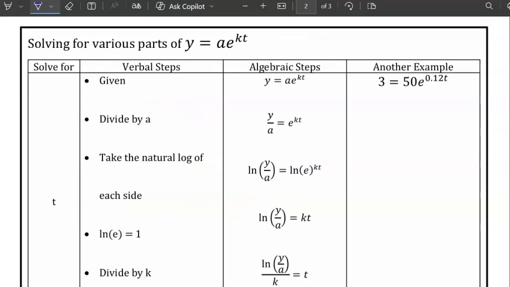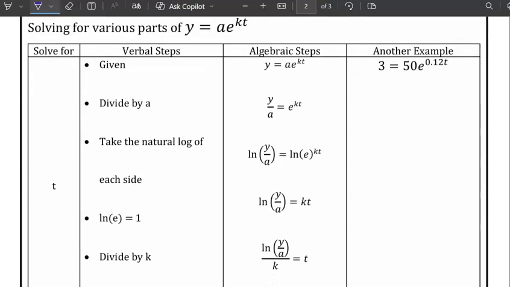On this next page, we're going to focus on the verbal and algebraic steps for solving various parts of this exponential equation, y equals a times e to the kt power. In general, we have the formula. To solve for t, we're going to divide by the a value.